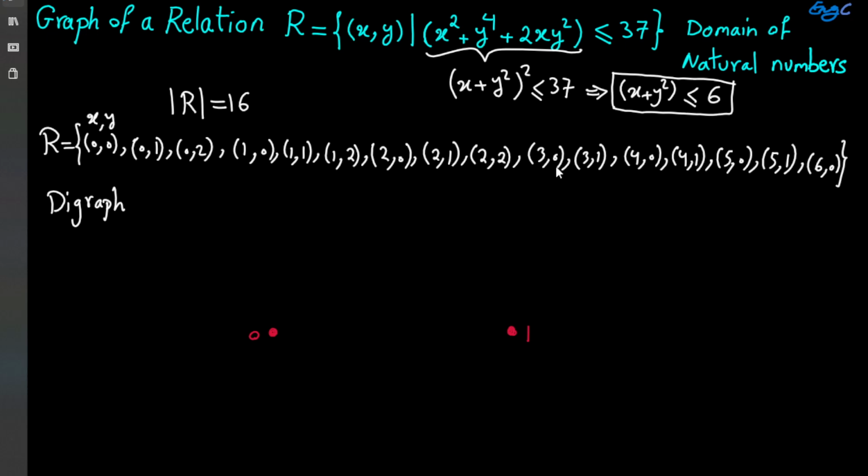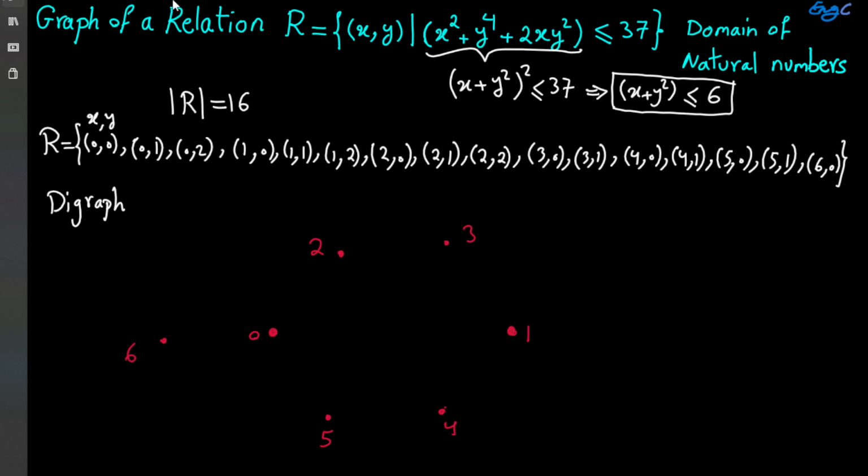You can see that 3 and 2 are not connected to 4, 5, 6. So maybe let's have 2 here, then 3 here, then 4, and 5. And 6 is sort of an isolated node or vertex, because it's only connected to 0, so I can just put it here. It doesn't matter that much.